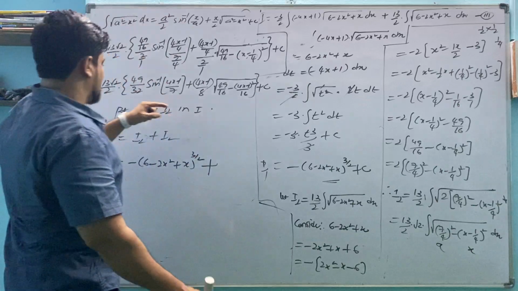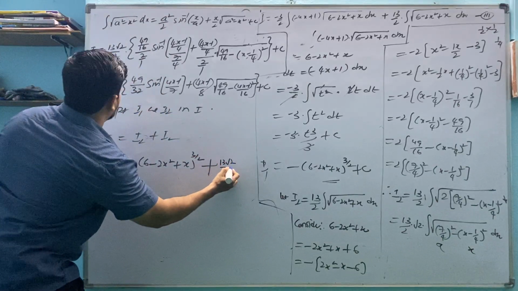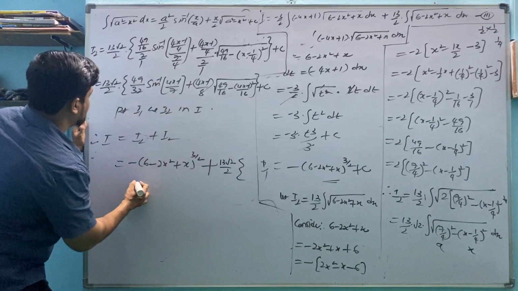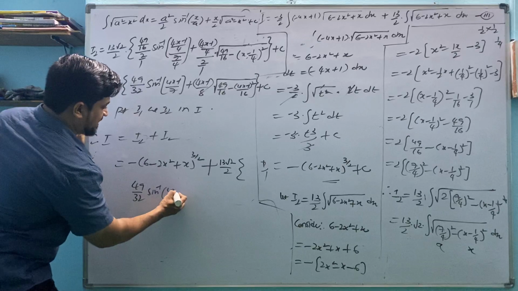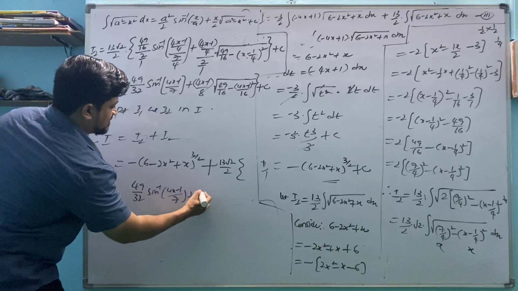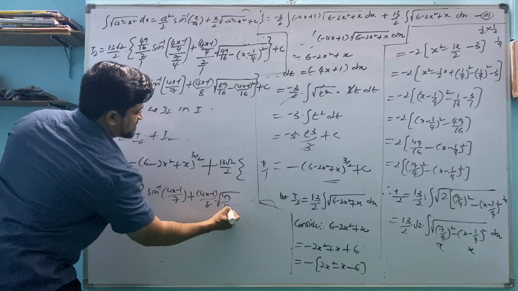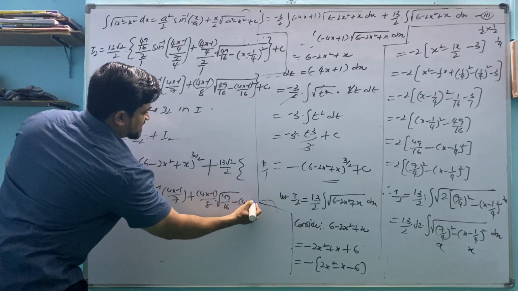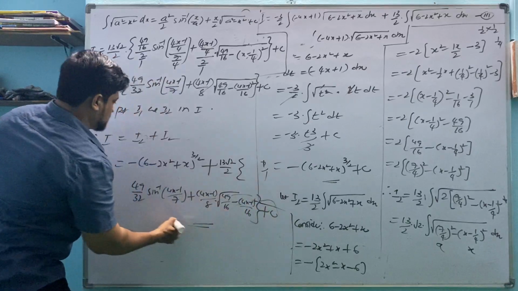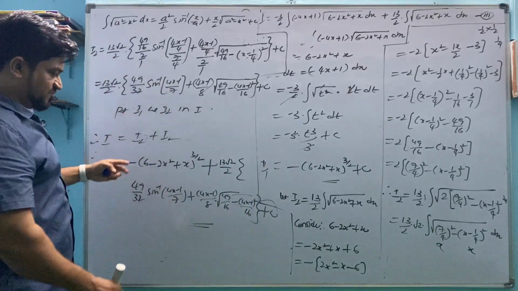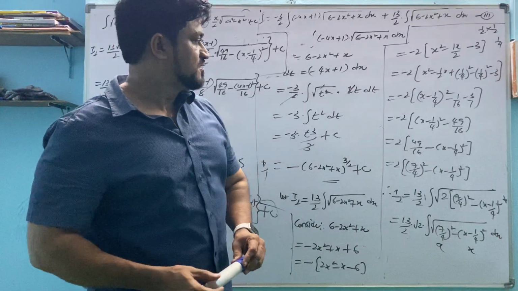I2 we just got: 13 root 2 by 2 flower bracket 49 by 32 sin inverse, whatever, you can write it in neat writing, plus 4x minus 1 by 8 root over 49 by 16 minus 4x minus 1 whole square by 16 plus c, bracket close. Those who are interested in simplifying to some more level can go further 2 steps, or else they can leave it up to this mark.